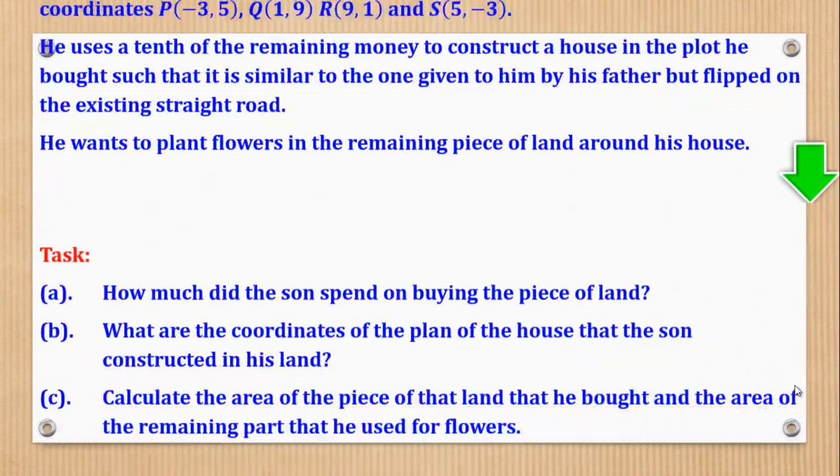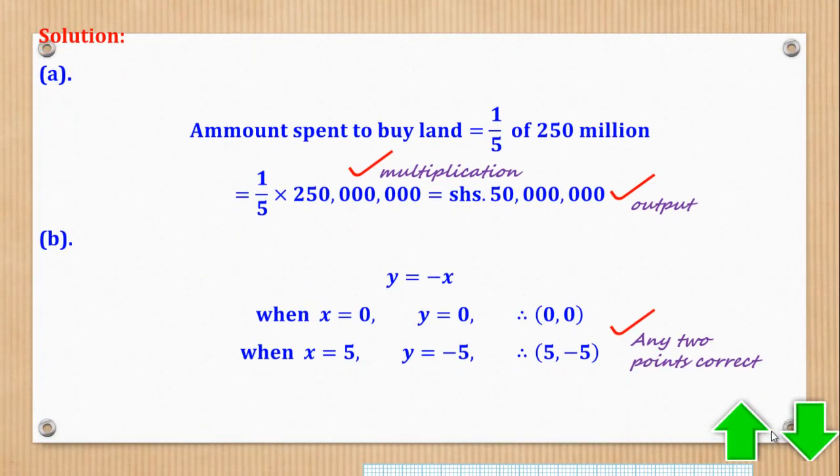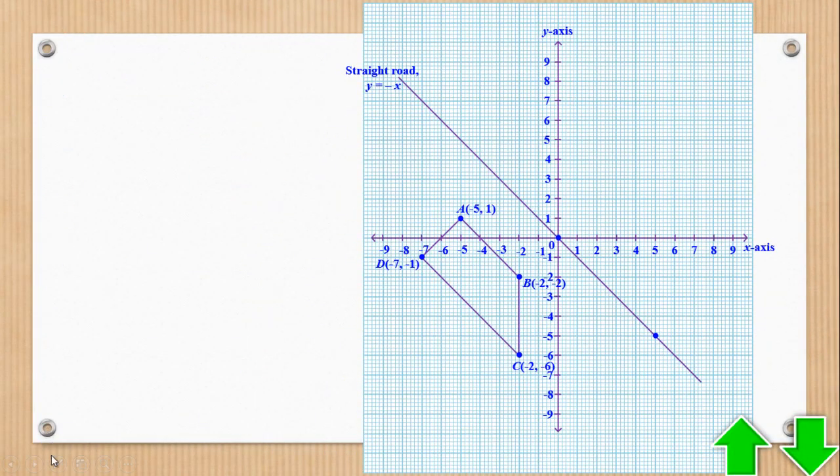We shall come here and plot P, which is (-3, 5), Q (1, 9), R (9, 1), and S, which is (5, -3). Then we shall also join in the same order, P to Q, Q to R, R to S, and S to P.